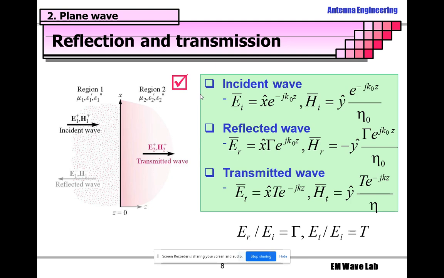Reflected wave is reflecting back to the transmitter. Some waves will be reflected back to the transmitter. That is the reflected wave. The transmitted wave is the waveform transmitted from the transmitter.